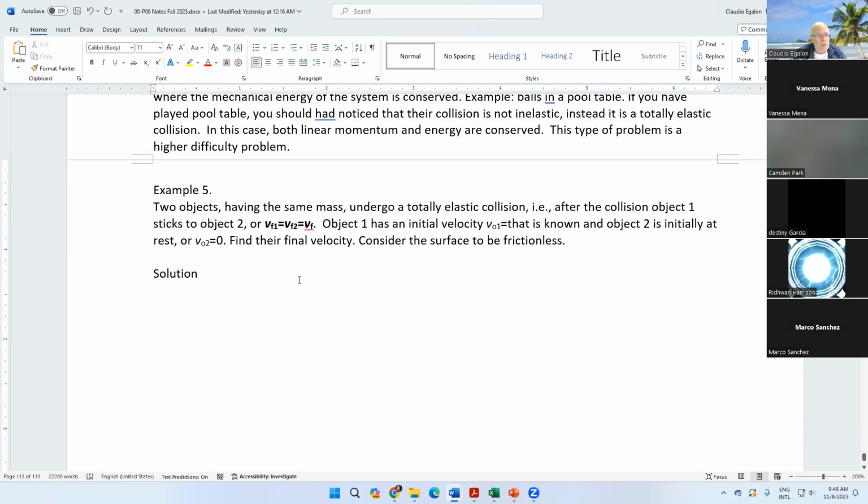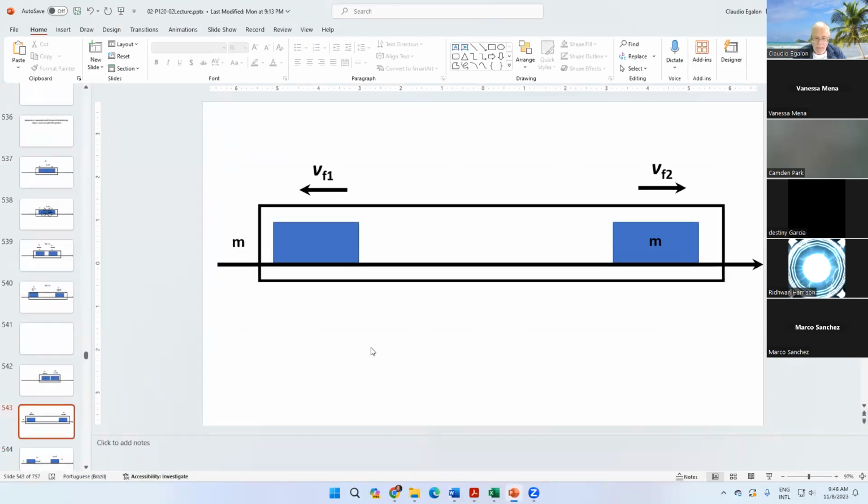In other words, after the collision, object 1 bounces off object 2. Object 1 has initial velocity v0, and object 2 is initially at rest. Find their final velocities. Consider the surface along which they move to be frictionless.